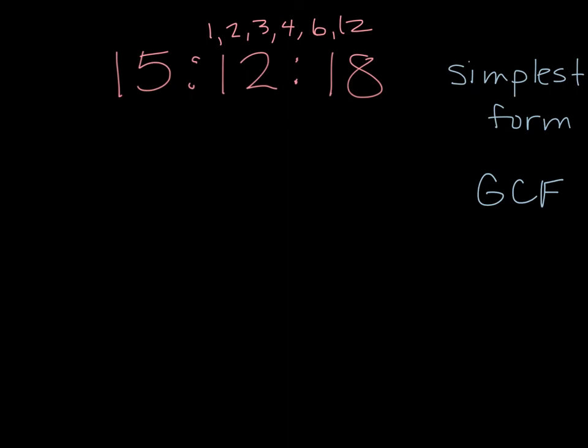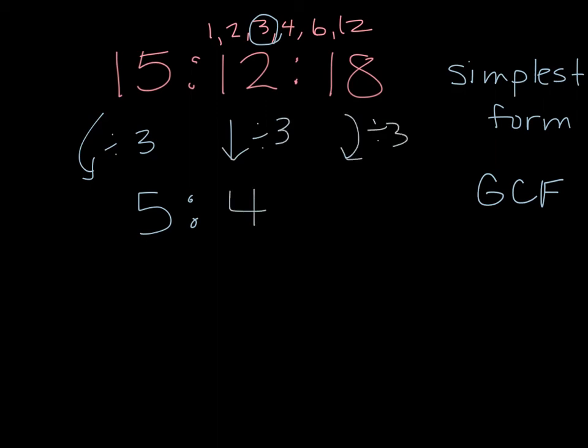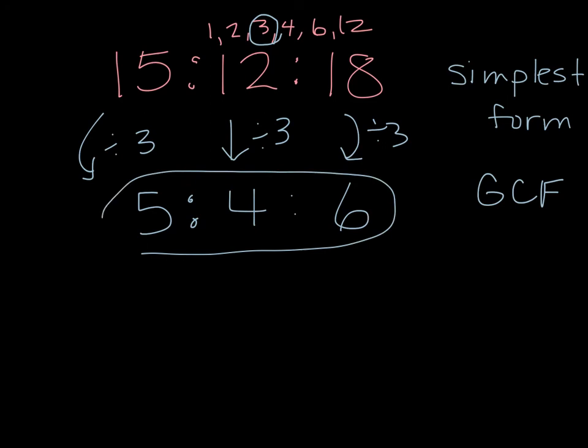I see that the largest number that goes into 15, 18, and 12 is 3. So I'm going to divide by 3 to give me 5 to 4 to 6. And then I just double check, is there anything that I can divide all three of these by besides 1? And there's not. So this would be my simplest form comparison.